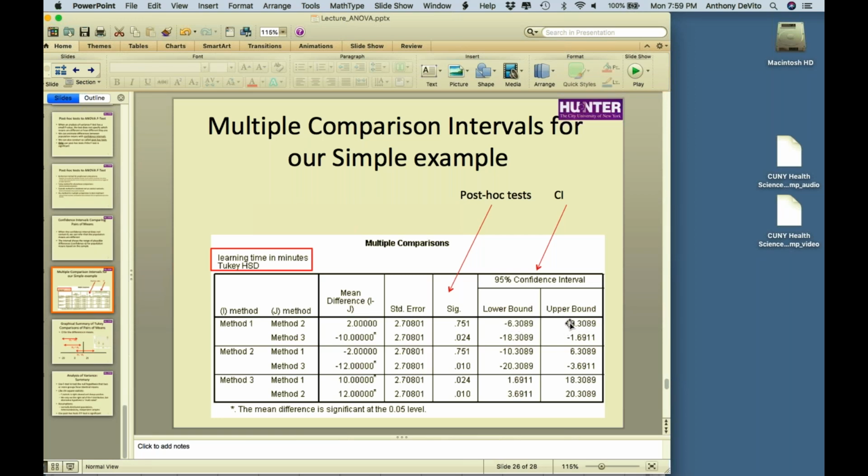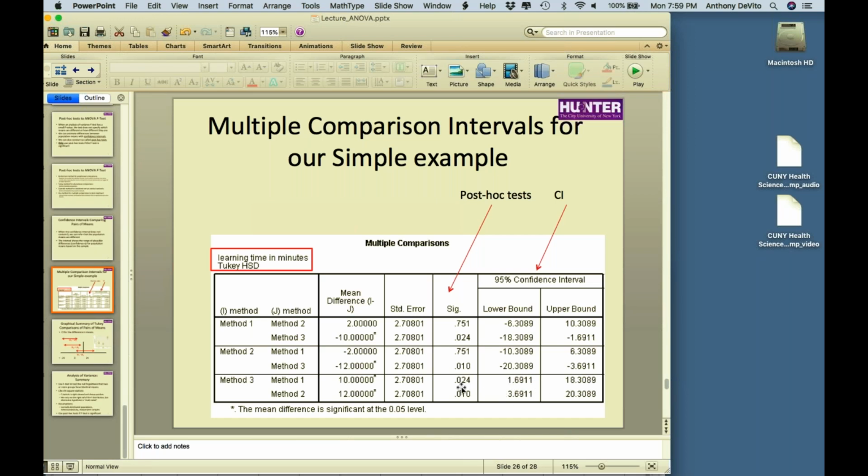So 0 is in between these two. Similarly, method 2 to method 1, 0 is between these two. We can't reject the null hypothesis. But if I compare method 3 to method 1, 1.69 to +18, 0 is not in our confidence interval. So we can say that the difference between the two means is different than 0. In other words, they're not equal, right?